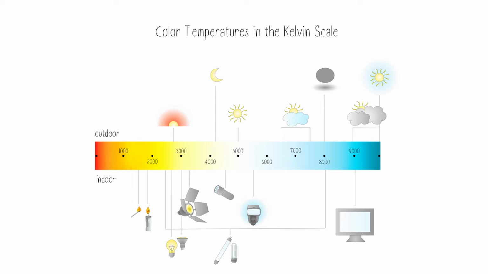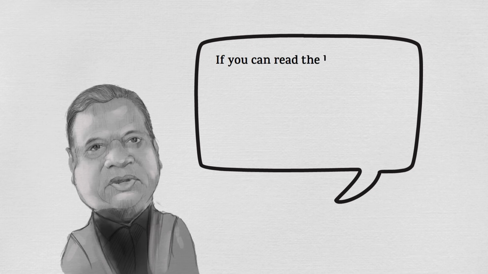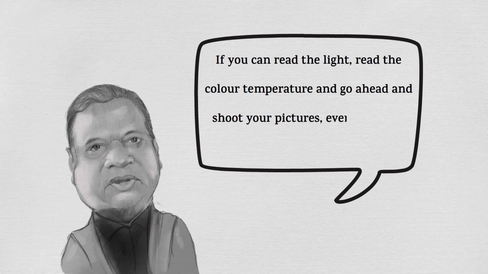If you can get used to it, there is nothing like it, because every time you shoot you get your perfect colors. It is much better than shooting in fluorescent or daylight or cloudy or tungsten or whatever it is. If you can read the light, if you can read the color temperature and set the color temperature and go ahead and shoot your pictures, every time you would get a perfect color balance.